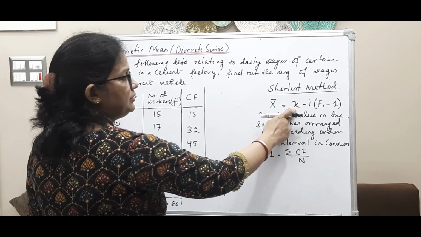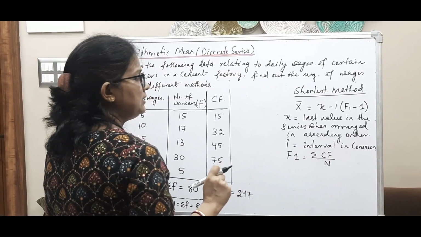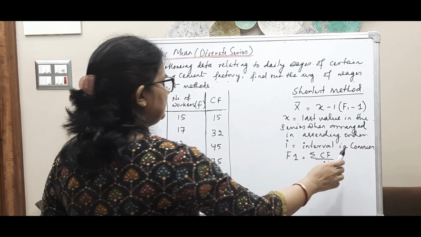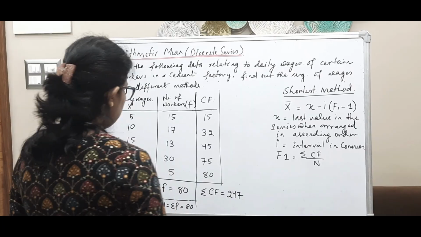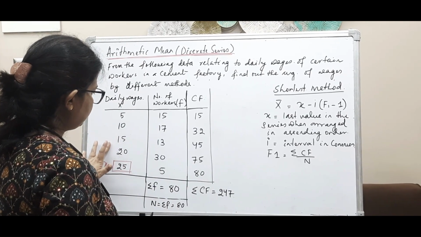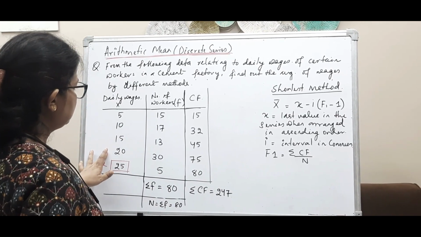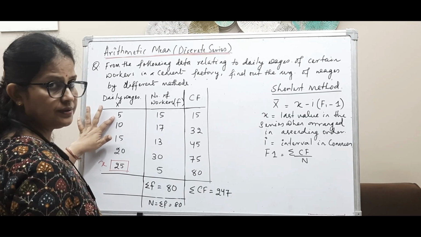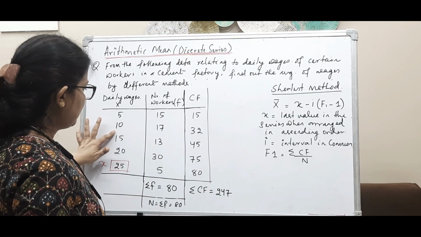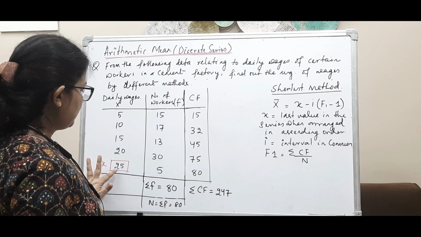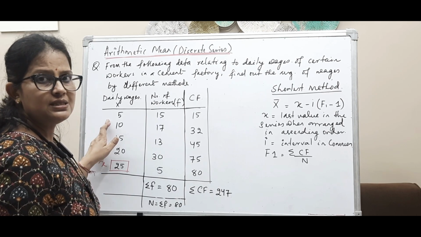Now X value we know. I is nothing but the interval in common. If you see in this case, what is the interval in common? The interval in common is 5. Then after that 10, 15, 20 and 25. So the difference is 5.